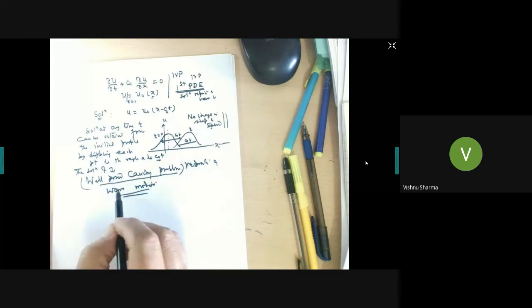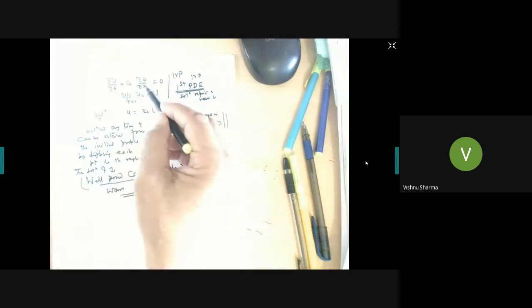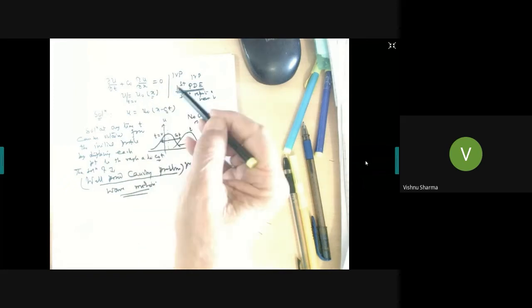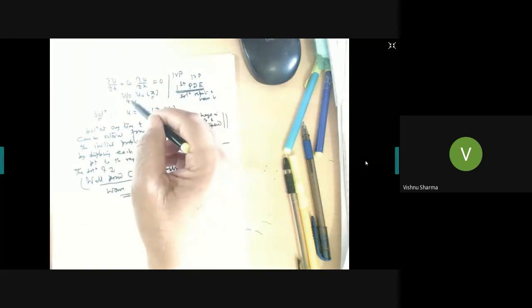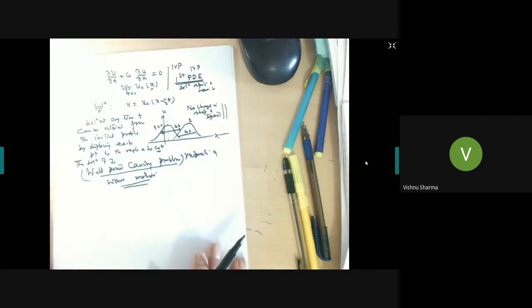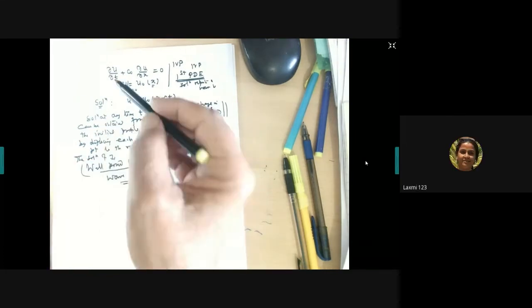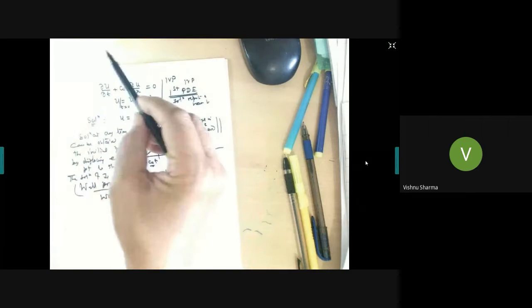These are called hyperbolic waves. A Cauchy problem which is well-posed, the solution of such an initial value problem is referred to as a wave motion. It represents a wave. Is it clear to you? And let me tell you, this is the simplest equation one can think of.